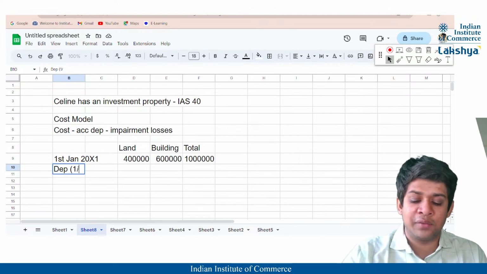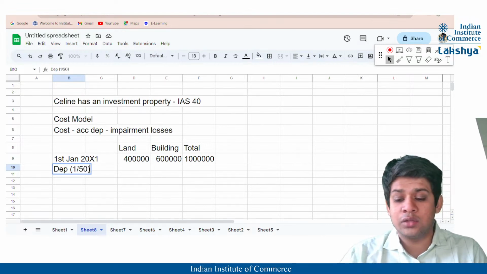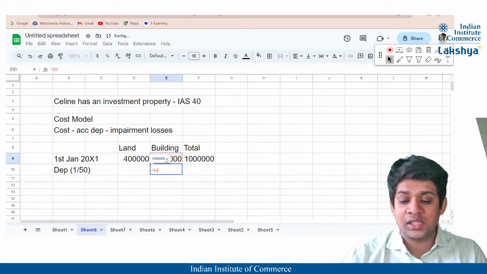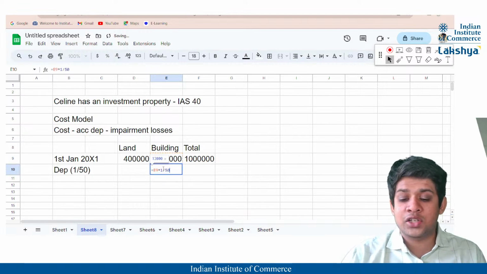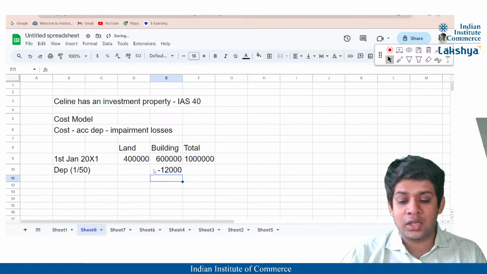And a building has a useful life of 50 years. So I will charge 1 divided by 50. So 6 lakh into 1 divided by 50, my depreciation is going to be 12,000.